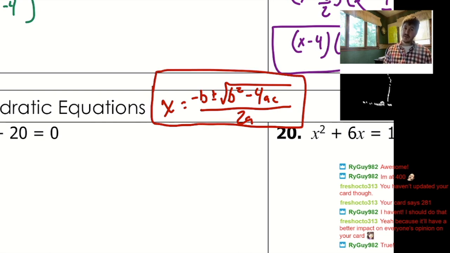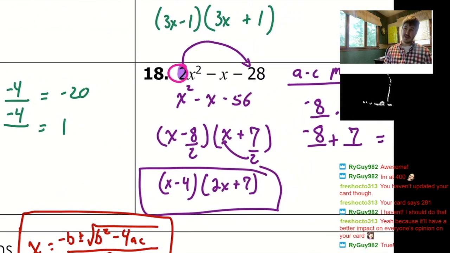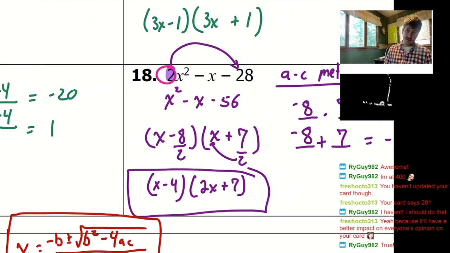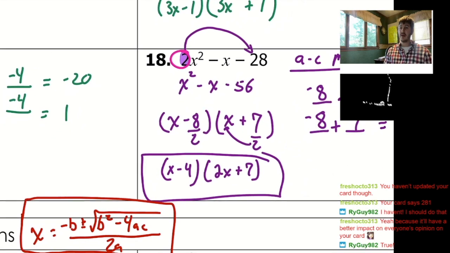Say you come into a situation like number 18 and you forgot how to factor. Well, it's okay, you have the one method that will truly always work, the quadratic equation. It just happens to be when you get really good with these factoring methods, problems go much faster, they're much easier, and I think you'll have a better understanding of the mathematics.